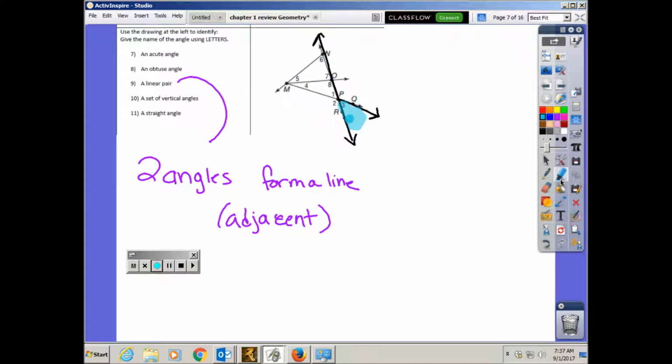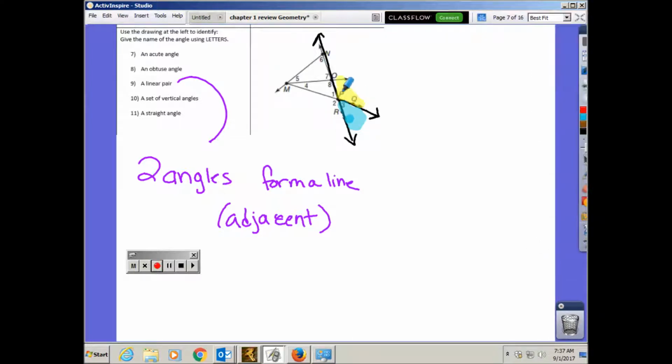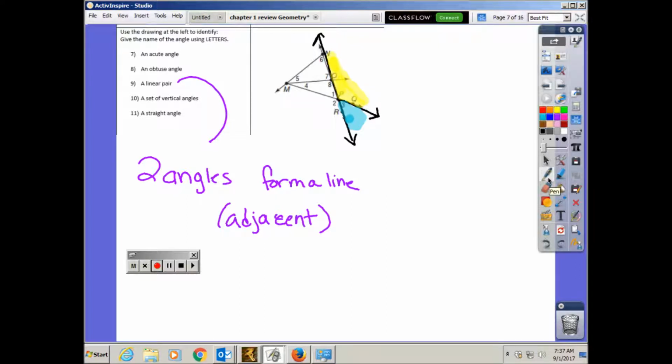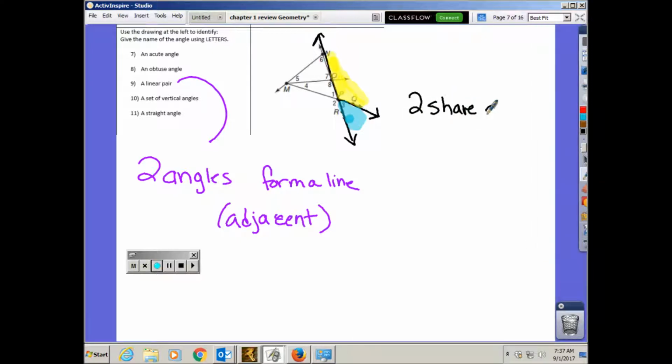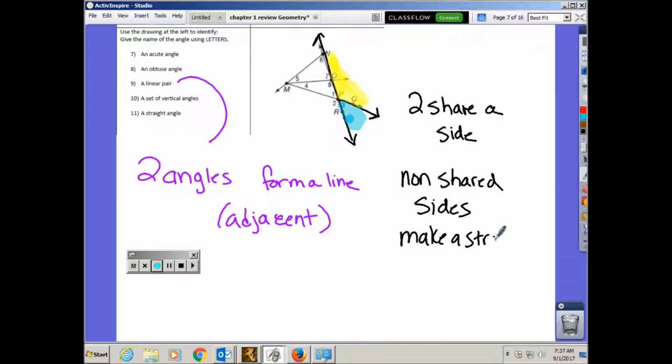And then an obtuse angle would have been, so basically on the linear pair, you see that they're adjacent, so they share a side, and the non-shared side makes a straight line.